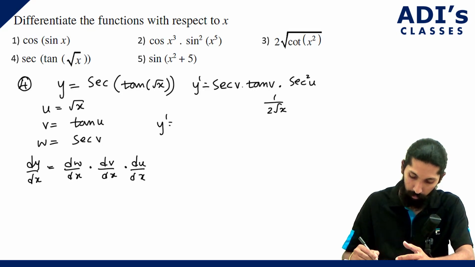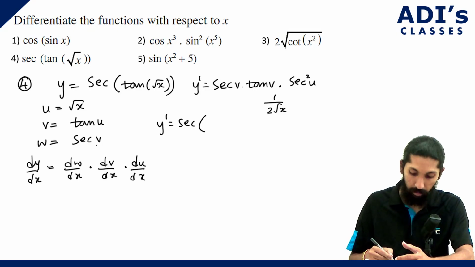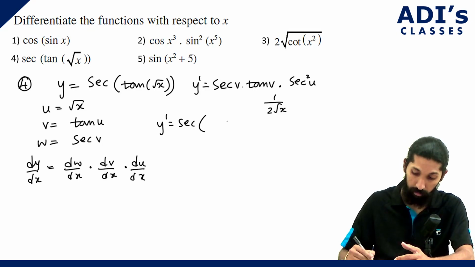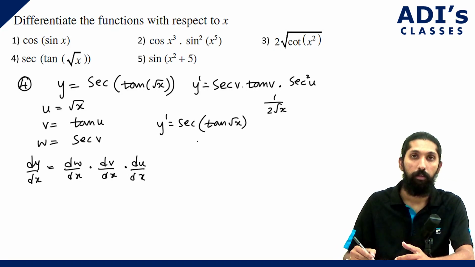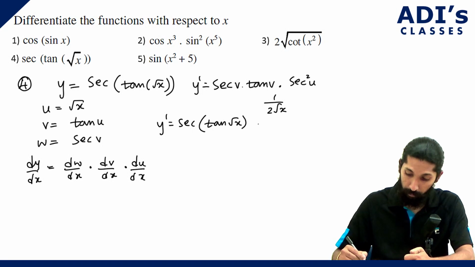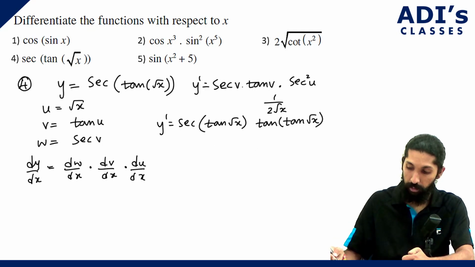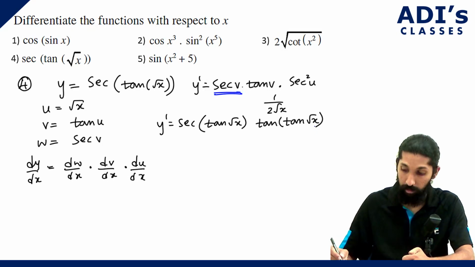y dash is equal to secant of, what is v? tan u, correct? So tan of root x, because u is root x, right? Into tan of tan root x. The first part, that is secant v tan v, is done here, correct?